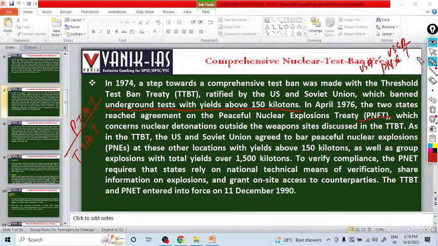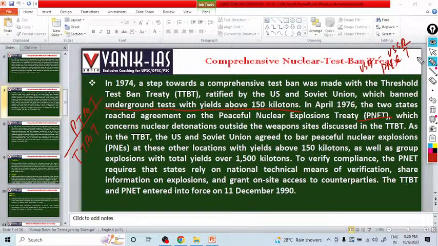As in the TTBT, the US and Soviet Union agreed to bar peaceful nuclear explosions at those other locations with yield above 150 kilotons, as well as group explosions with total yield over 1500 kilotons. To verify compliance, the PNET requires that states rely on national technical means of verification, share information on explosions, and grant on-site access to counterparties.